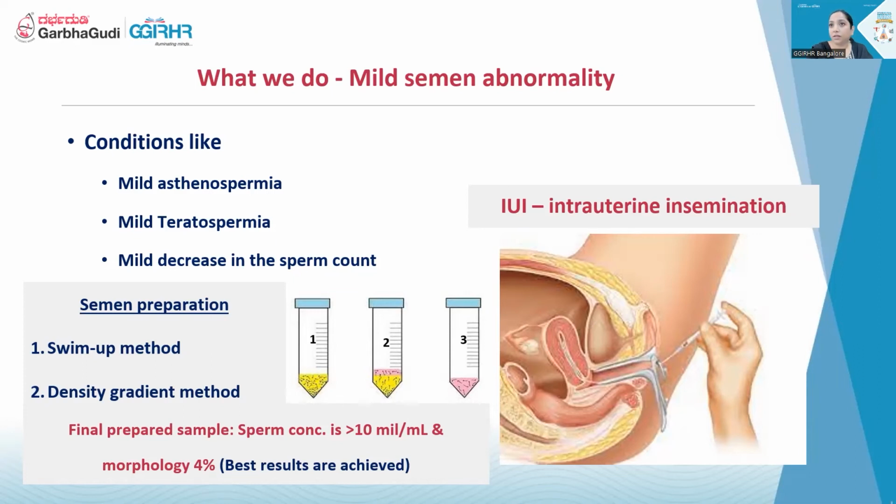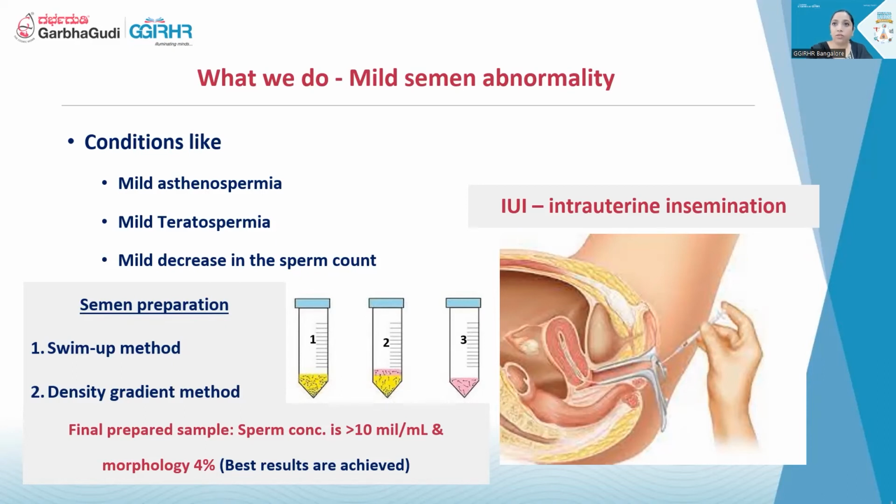And again, as we discussed, if the viscosity is high, then adding media or a liquefying agent or enzymes also helps in bringing down the viscosity. So if there are certain things like that in the report, taking the necessary steps will help improve the quality.